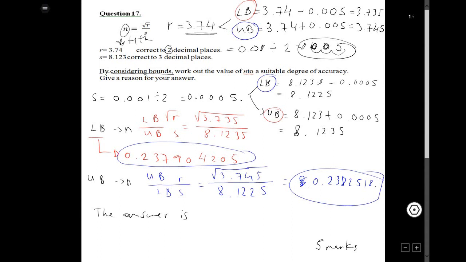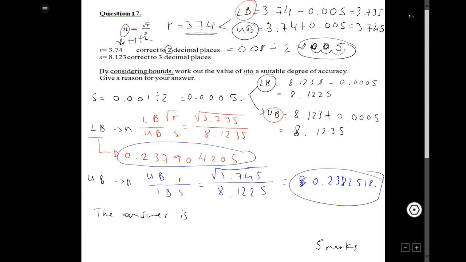So what you want to work out is the highest degree of accuracy you can round both numbers to so they both have the same value. For example, if I round both numbers to 1 decimal place, I'm going to get 0.2 for both, which is cool. But let me see if I can round them to 2 decimal places and still get the same answer. If I round them both to 2 decimal places, I'm going to get 0.24. Okay, so it's still the same.